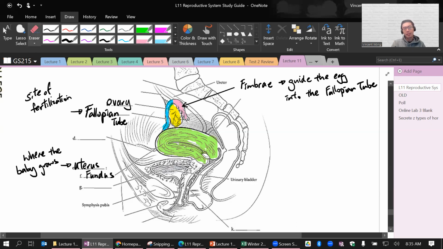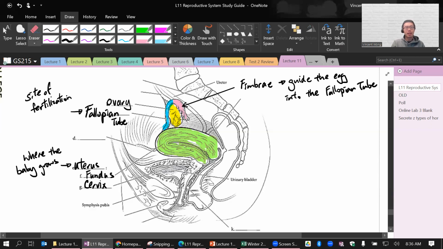Now, when we go further down, the neck, sort of like the opening to the uterus. Does anybody know what that's called? Cervix? That is the cervix, that's right. So the cervix is kind of like the opening into the uterus. And during pregnancy, there's a mucus plug that will seal the cervix.